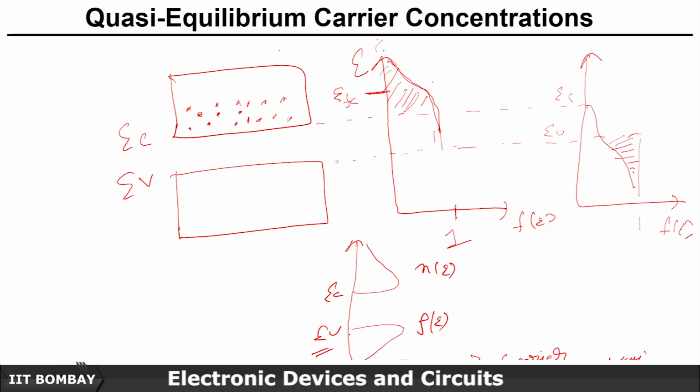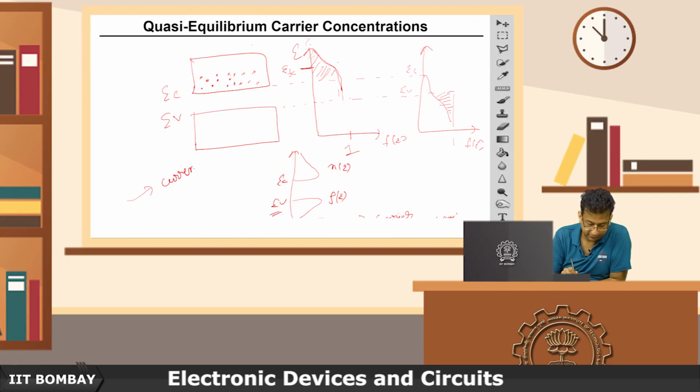So two separate functions, okay, and the conditions are that there is some external force, whether in case of current or in case of photon flux.